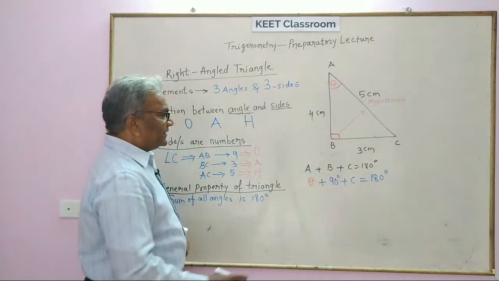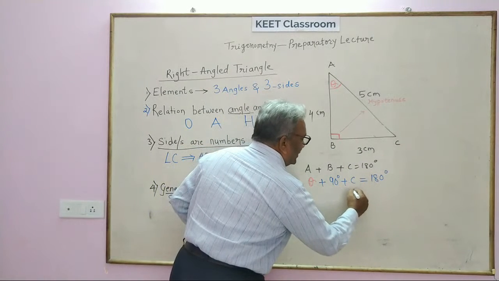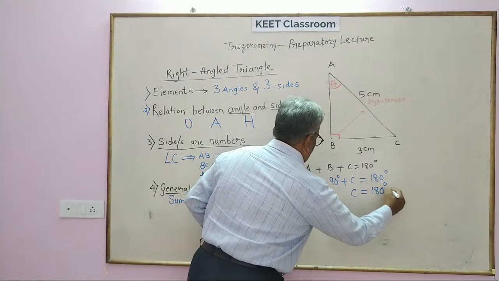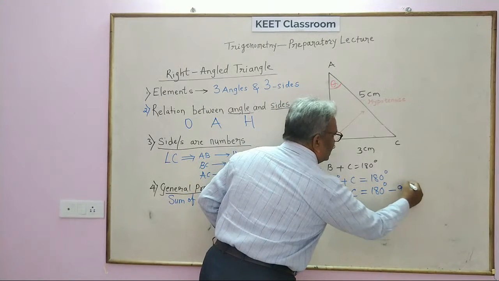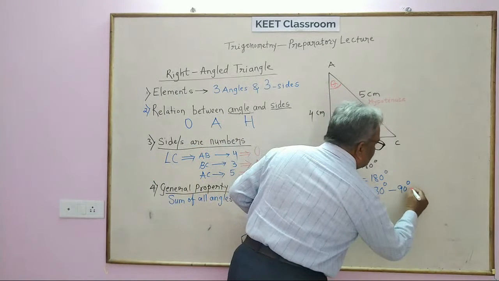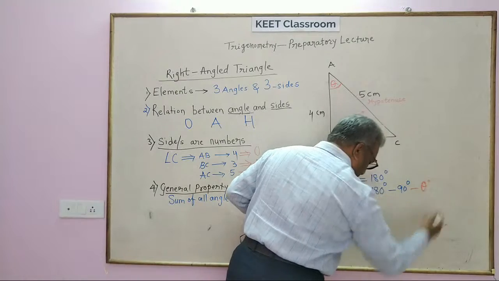Now on transferring theta and 90 to the right hand side, you will get angle C is equal to 180 minus 90 degrees minus theta degrees or theta.